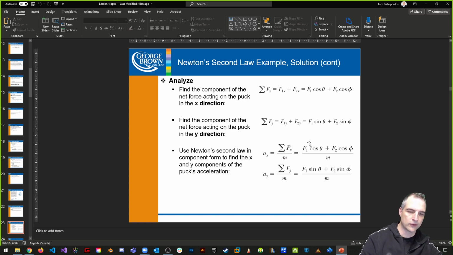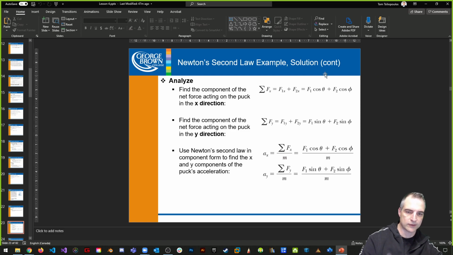So the way it works is, if force across the x-axis is equal to F1 cos theta plus F2 cos phi, we divide it by its mass because force is equal to mass times acceleration. So if we were going to put mass times acceleration on the right side, we would have that force 1 plus force 2 is equal to mass times acceleration.